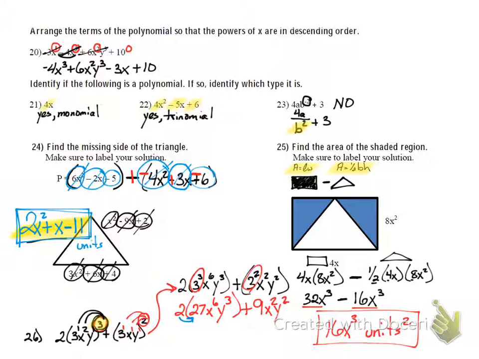They're both coefficients, both whole numbers. So 2 times 27 will give me 54, x to the 6th, y to the third, plus 9, x squared, y squared. And we are done, because those are not like terms, so you cannot combine them together.